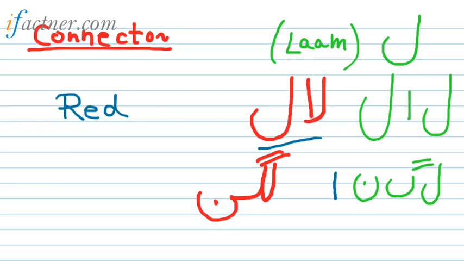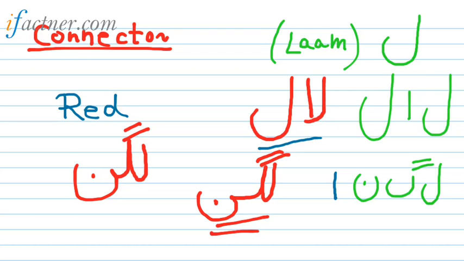So you see that it is being connected to the second character. Let me write it again. Lagan. Lagan means wholeheartedly. If I'm doing something wholeheartedly, with my heart in it, then it is called lagan.